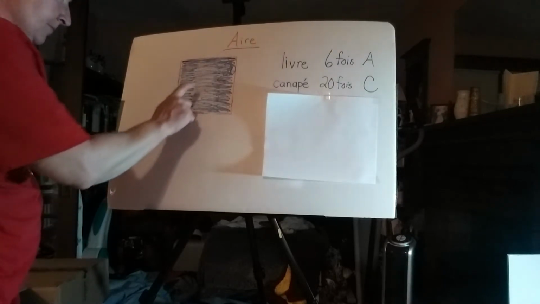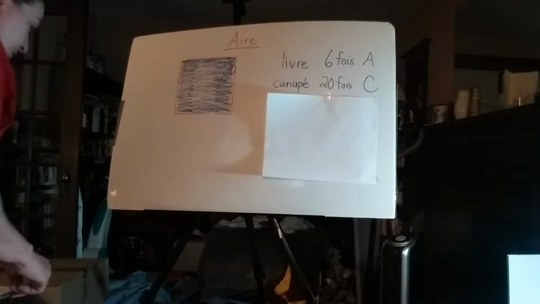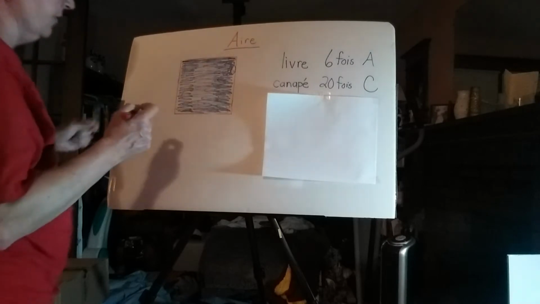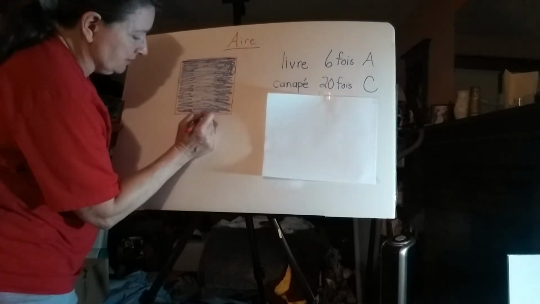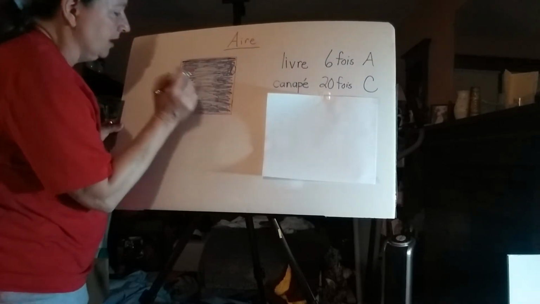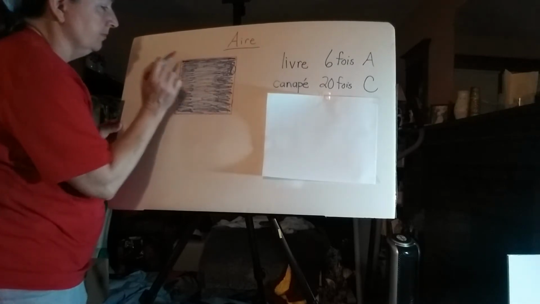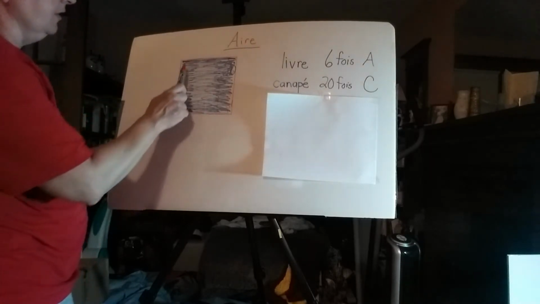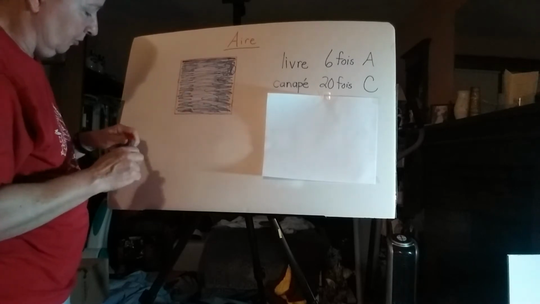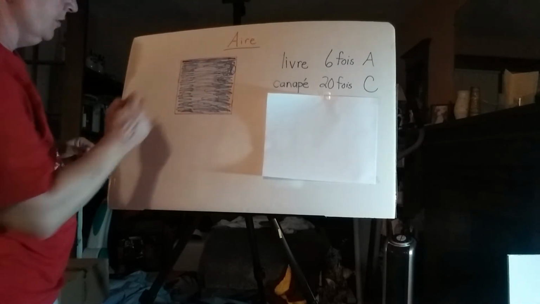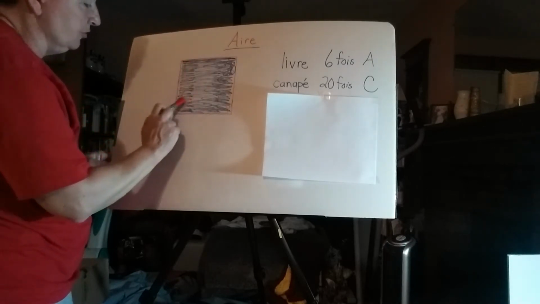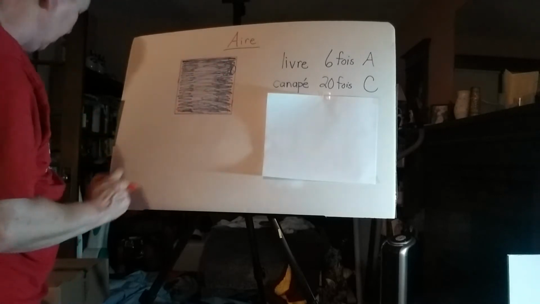Now, let's say, rather than talking about somebody's backyard with a fence, this is a living room. And in the living room we want to put a beautiful blue carpet. We want to cover every inch of the floor with the beautiful blue carpet.